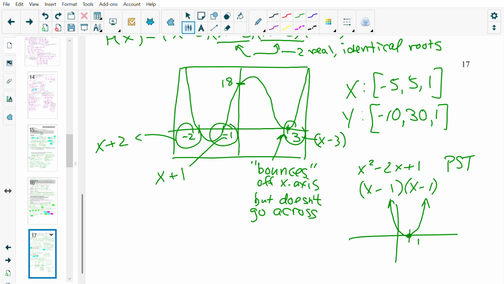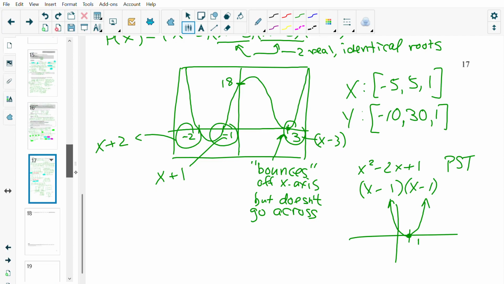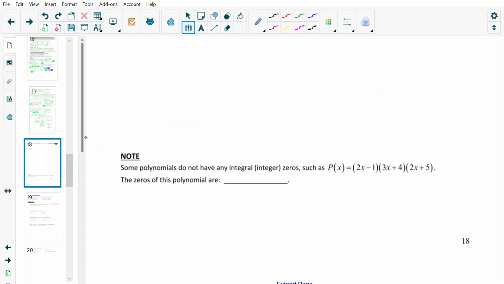Okay, keep that in mind for a later lesson when we talk about when roots are repeated like this, identical roots, sometimes 2, 3, 4. You can have as many roots repeating as possible. You get these really wild looking graphs. Okay, so just keep that in mind. Okay, so we got one more example, folks.